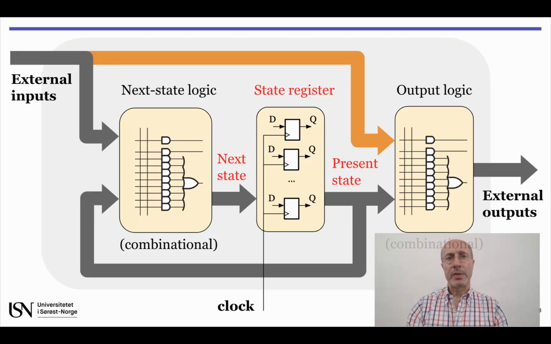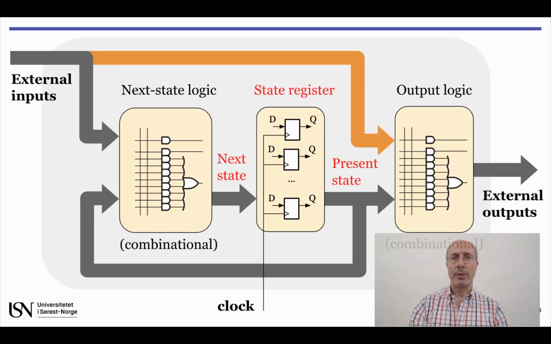The next state combinational logic block on the left is driven by external inputs and by the internal circuit nodes holding the present state information, and defines what next state the circuit will move into at the next rising edge of the clock.